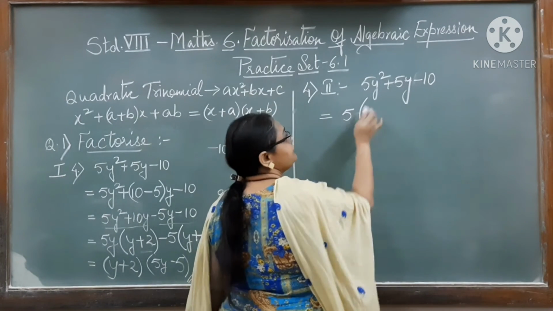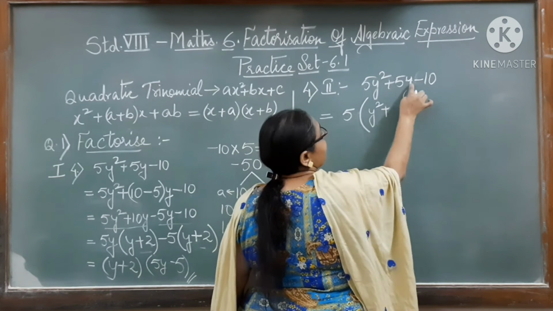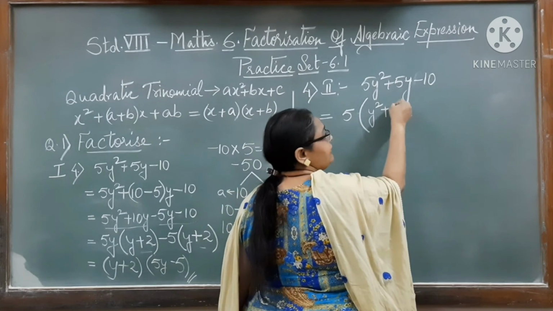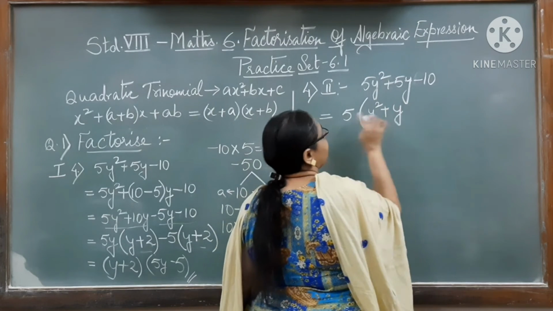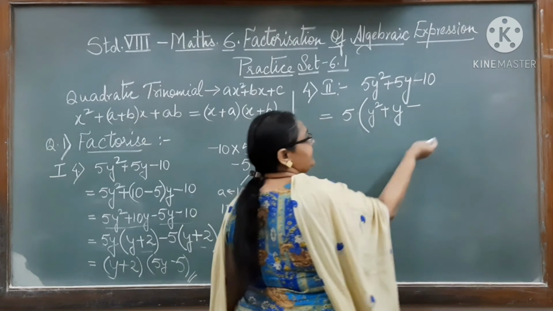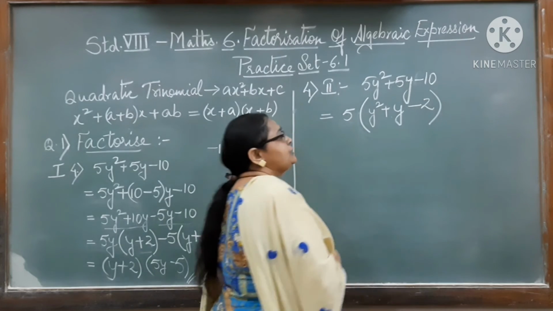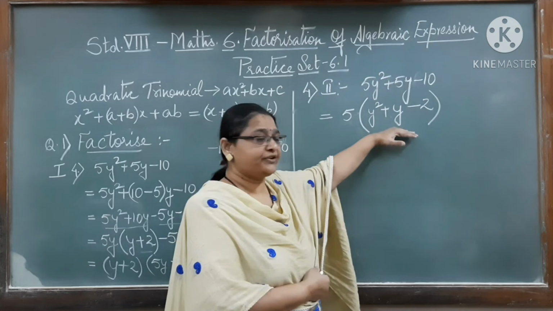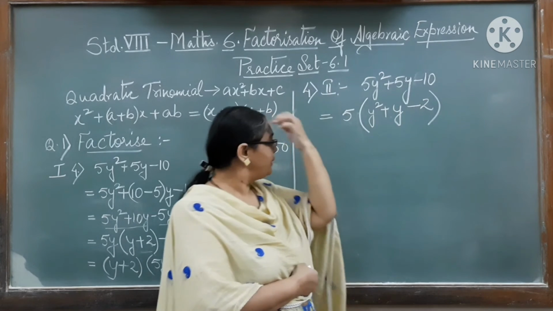So 5 into y square as it is plus 5y. 5 are taken common. So 5 ones are 5. So let me write only 1y. Now there is a minus sign. Minus sign. 5 2s are 10. So I get 2. So now I can very easily simplify and factorize y square plus 1y minus 2.